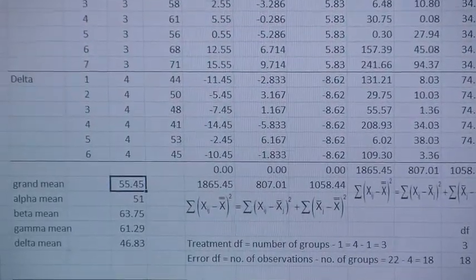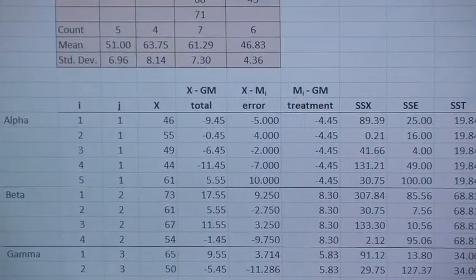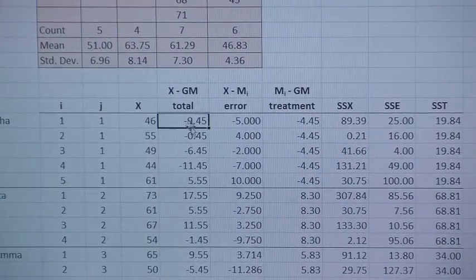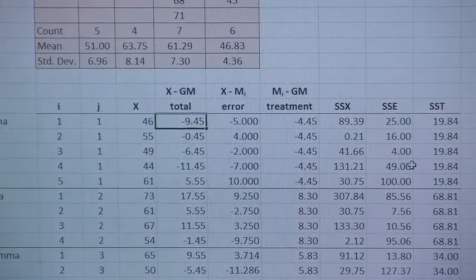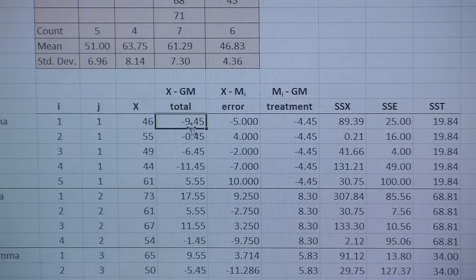Okay? Then what we do is we partition this total variance. I should say this total deviation. We partition this total deviation into two groups. One having to do with what ORIS refers to as error, and one having to do with what ORIS refers to as treatment.